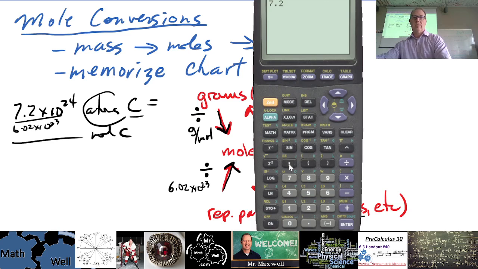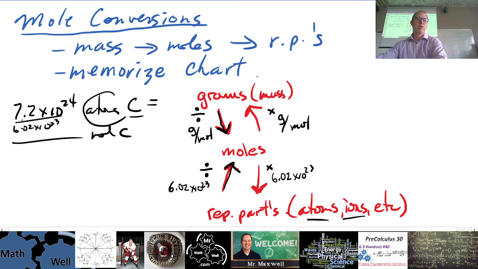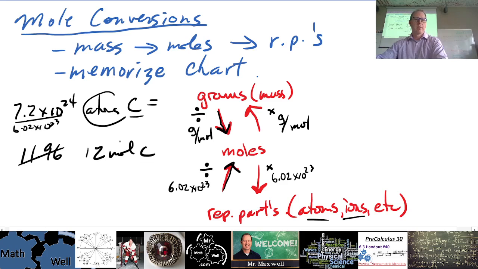So 7.2 times 10 to the 24 divided by 6.02 times 10 to the 23 gives 11.96, which with sig figs goes to 12 moles. Does that make sense? Any other questions about that first part?